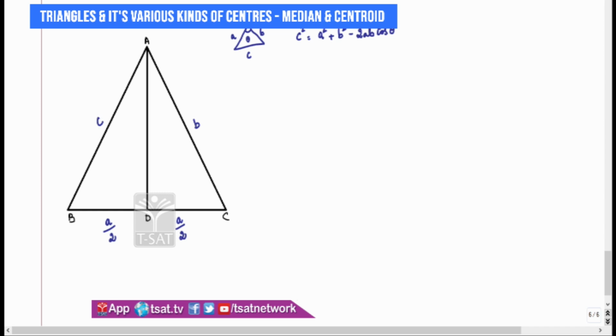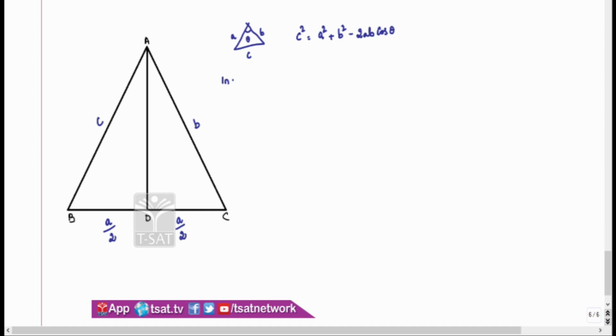So, first we will apply it in triangle ABD. If you apply the cosine rule in ABD, we take this angle as theta. This becomes 180 minus theta.